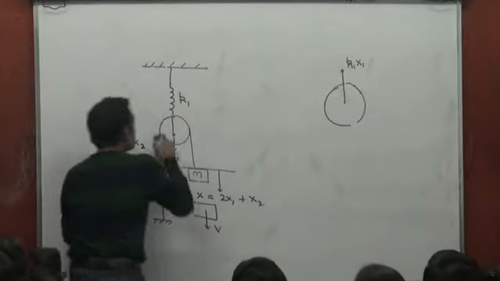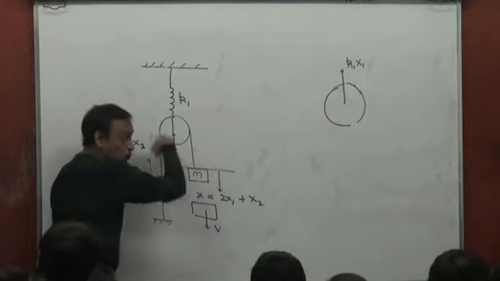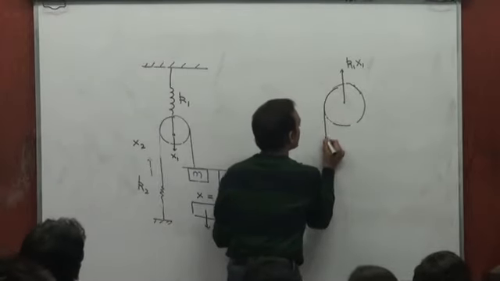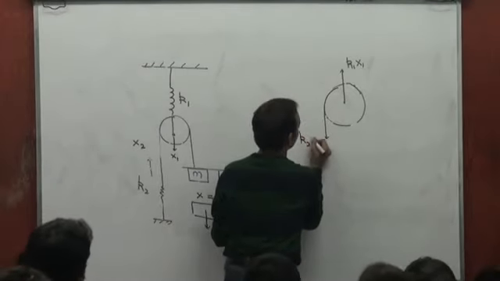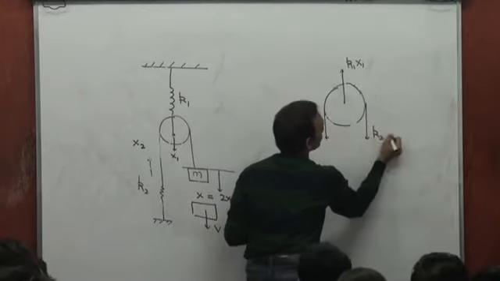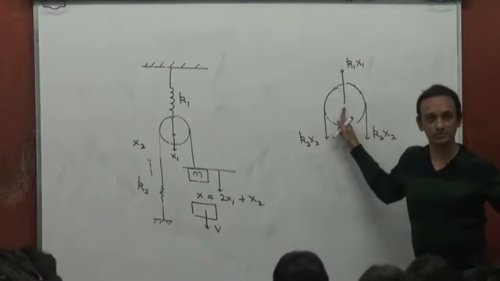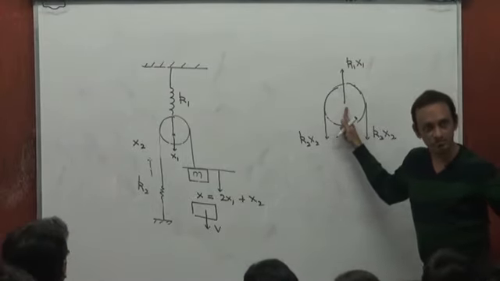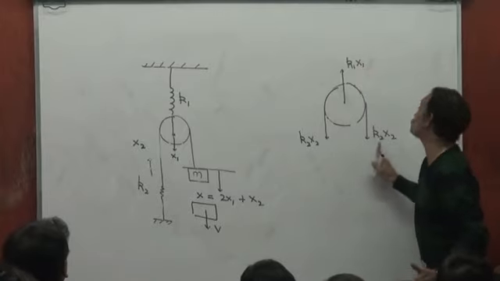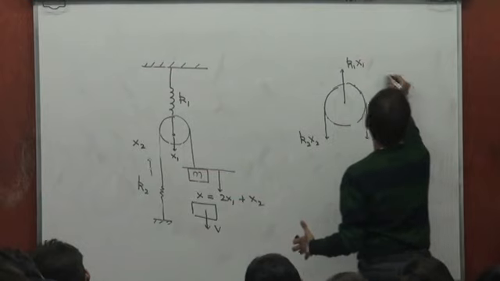And the force in this entire spring, this lower spring, would have been k2 x2. So, then at the tangential positions, they would have been like we've done before, k2 x2 and k2 x2. If this is of negligible mass, then k1 x1 must be 2 k2 x2.